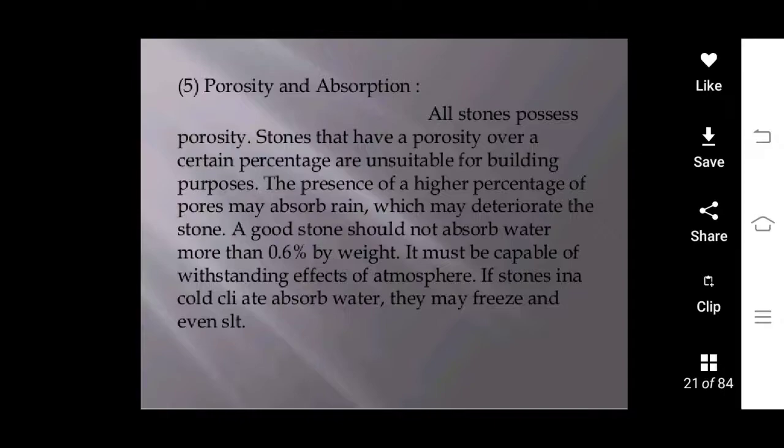A good stone should not absorb water more than 0.6% by weight. It must be capable of withstanding effects of atmosphere. If stones in a cold climate absorb water, they may freeze and even get cracked due to thawing action.